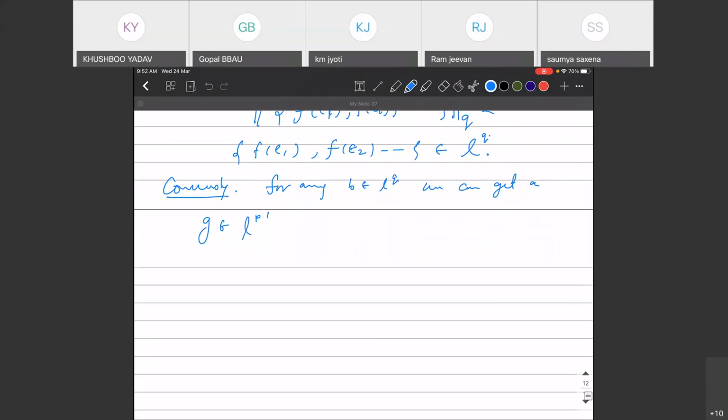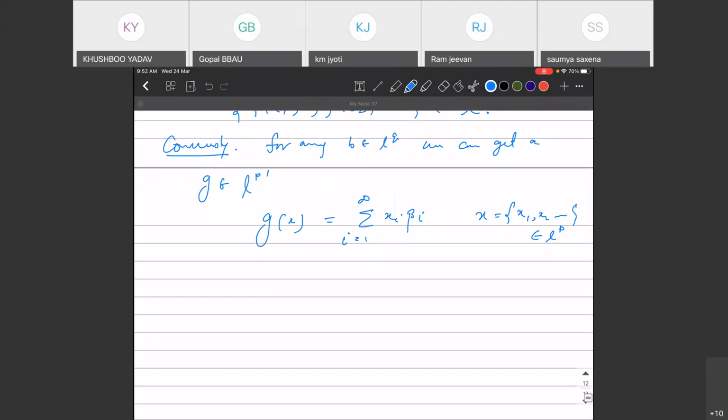And how did we define that? In the same way we will define it here. Where Gx is the summation of xi beta i, i from 1 to infinity, where x is x1, x2 and so on, an element in LP. Clearly G is linear.